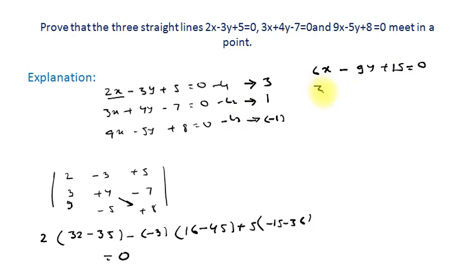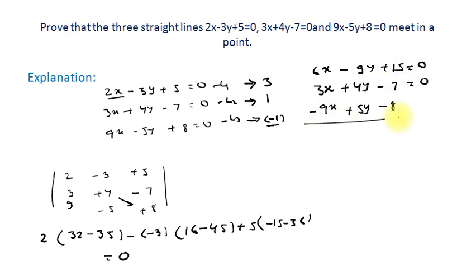The second line is the same, 3x plus 4y minus 7, multiplied by 1. The third is multiplied by minus 1, so the signs change: minus 9x plus 5y minus 8.